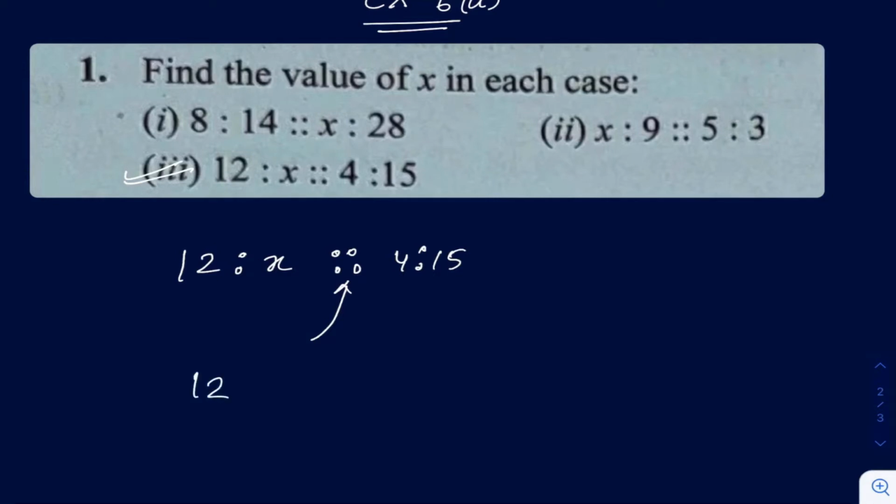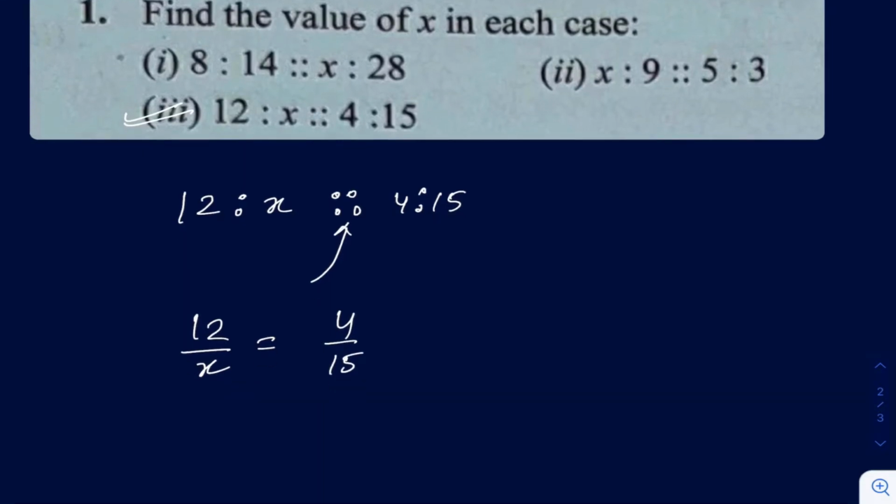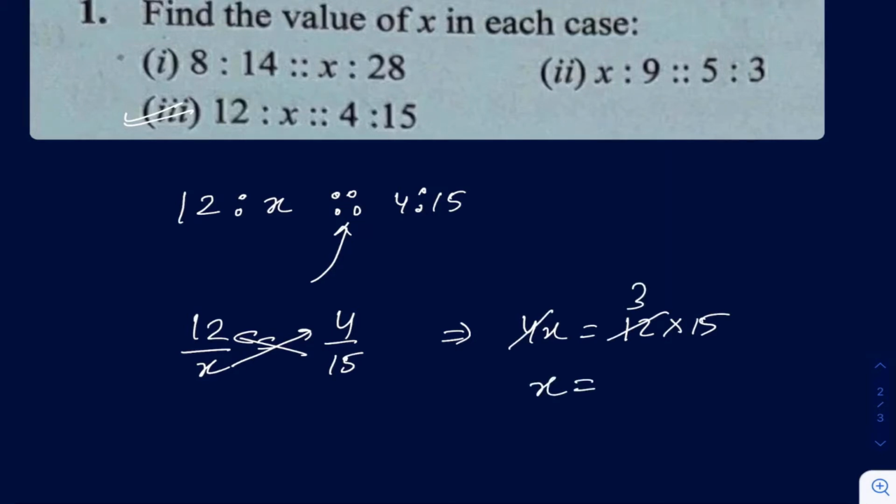The ratio of the first two is equal to the ratio of the last two numbers. So if you cross multiply, it's coming 4x equals 12 into 15. Or you can say x is equal to, if you cancel it, it's coming 45. So this missing number is 45. In the same way you can solve the other two parts also.